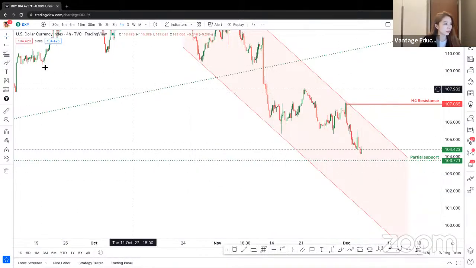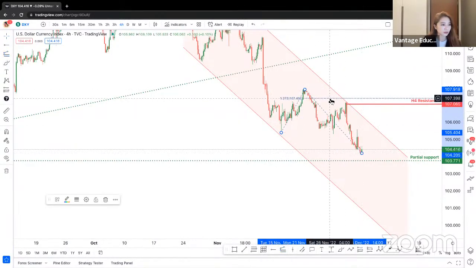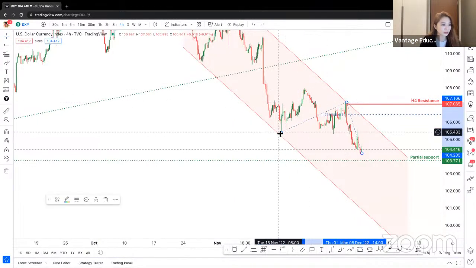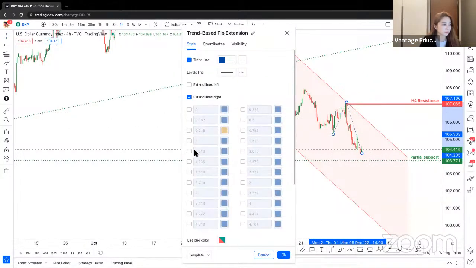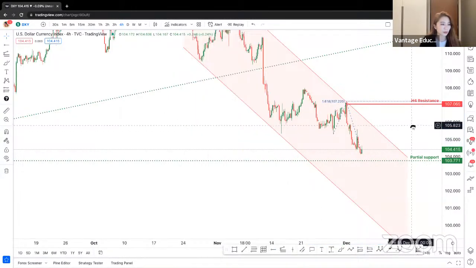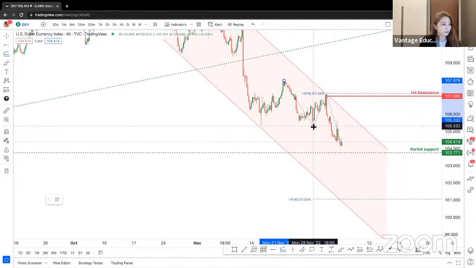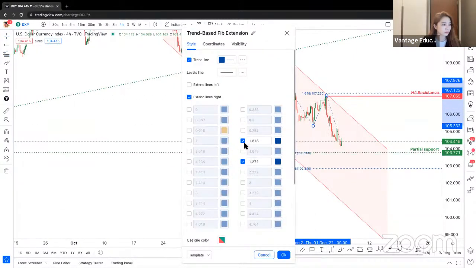All right, so let's look at Fibonacci levels. Sorry, it should be this one with this. 161.8, 127.2.